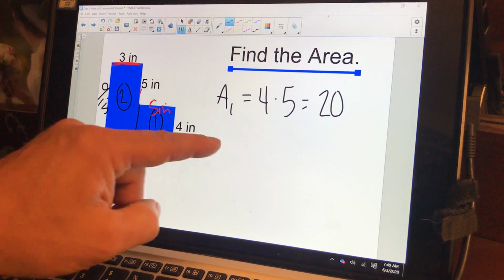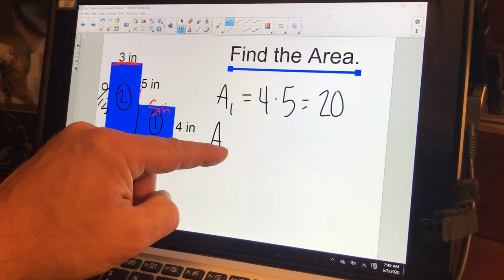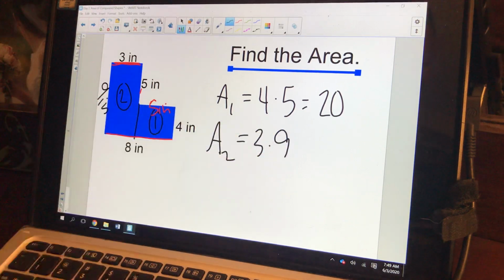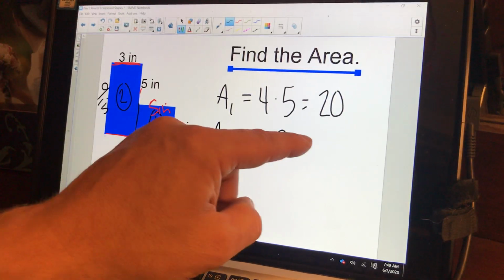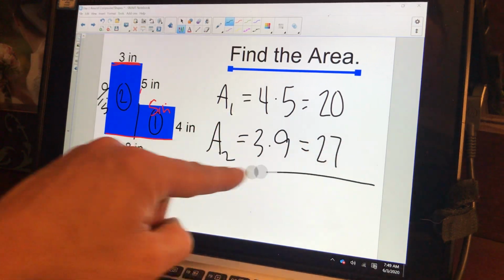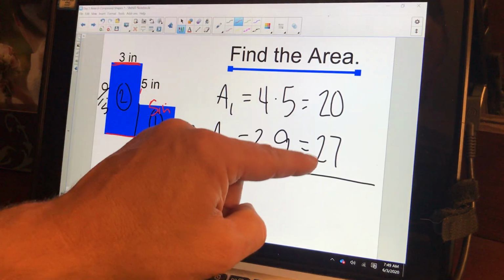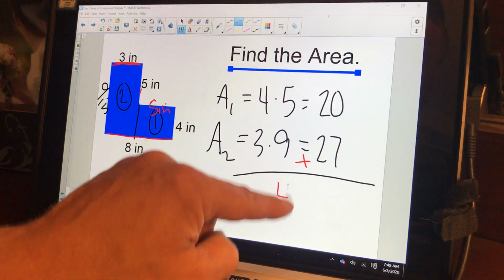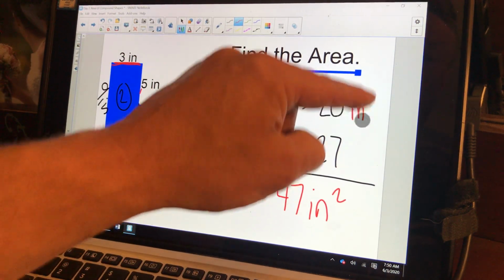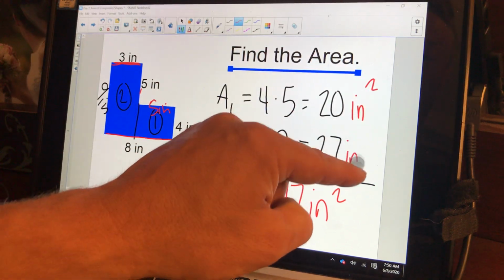So the area of shape 2 is a 3 by 9, which is 27, because of course, what do we need to get at the end? We need to get 47 inches squared. Got to make sure I'm labeling these inches squared.